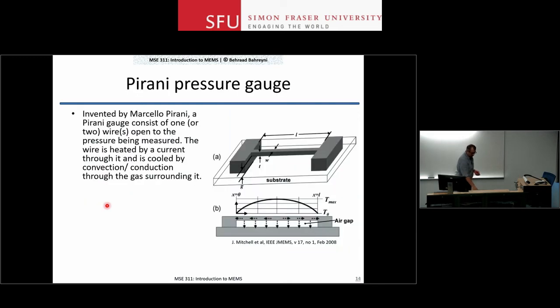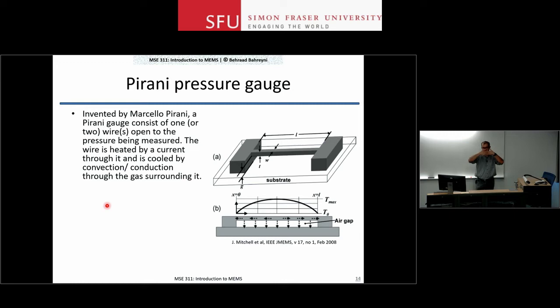One of the simplest pressure sensors that you can make is a Pirani gauge pressure sensor. Very, very simple. It's an ingenious design. The idea is that if you have a resistor and you hold it in a gas and you pass a current through this resistor so that it heats up, the only heat loss mechanism, let's say the one that we want to focus on, is the conduction or convection to the gas.